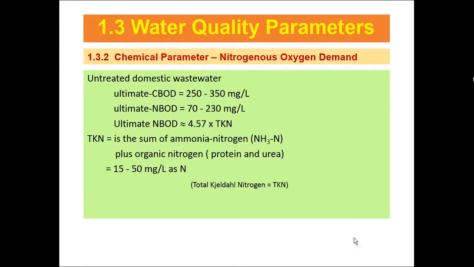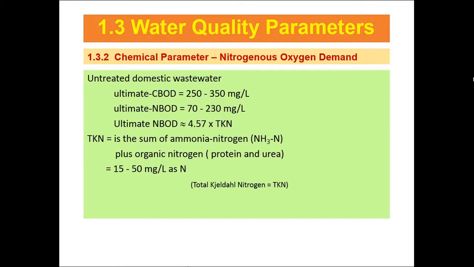Okay, this is the answer to determine the nitrogenous BOD in O2 per nitrogen. These are typical values for untreated domestic wastewater. The ultimate carbonaceous BOD is between 215 and 315 mg/L. The ultimate nitrogenous BOD is from 70 to 230 mg/L. This is an indicator.